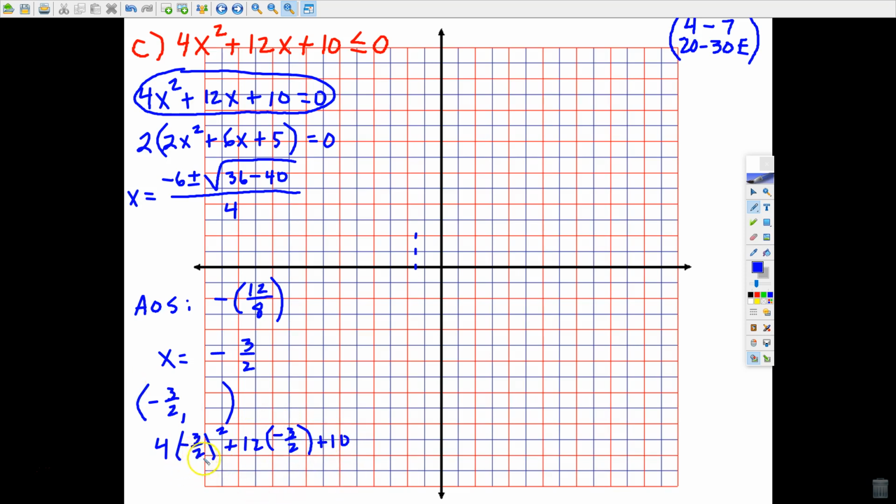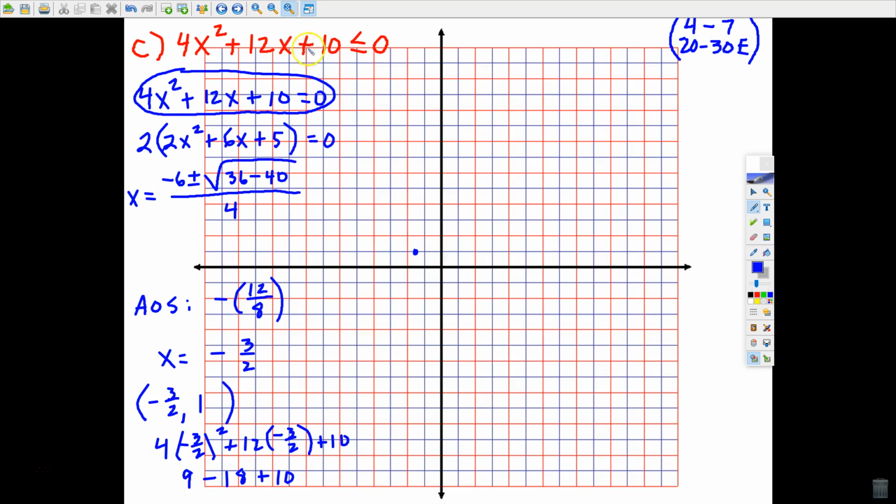I think I'm just going to do some mental math here. Negative 3/2 squared is 9/4. 4 times 9/4 is just 9. This is negative 36 over 2, which is negative 18, plus 10. So we end up with negative 9 plus 10, which is positive 1. So my vertex is the point negative 1.5, 1.